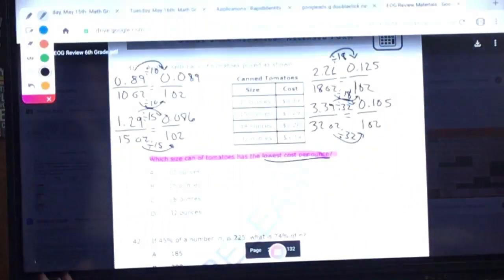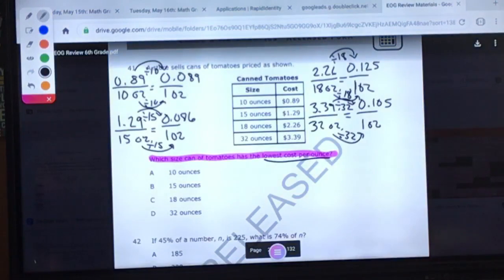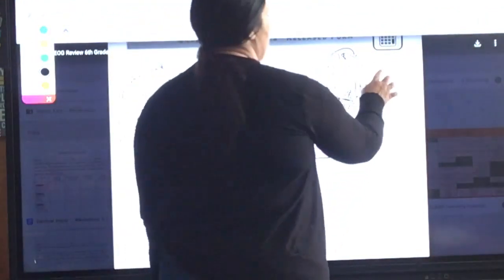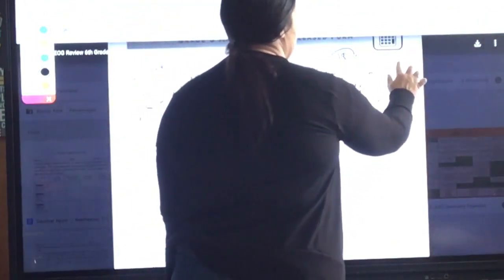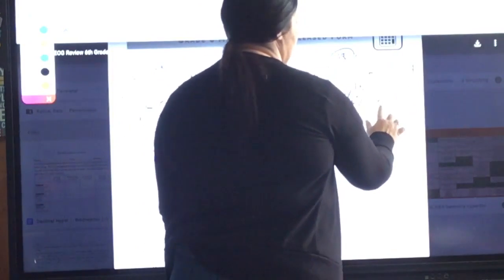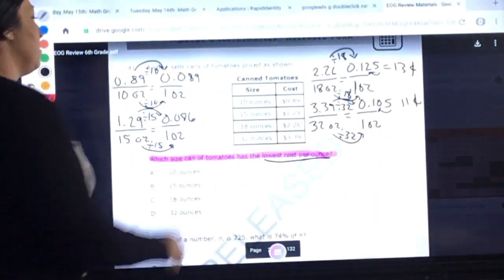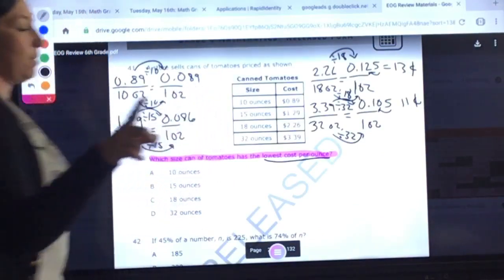All right, so which one of these is clearly not our answer because we're looking for the lowest. And technically this is all cents, right? So if we round this up, this becomes 13 cents. If we round this up, this becomes 11 cents. If we round this up, well, let's talk about this for a second.